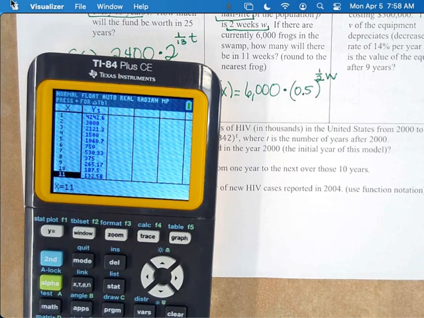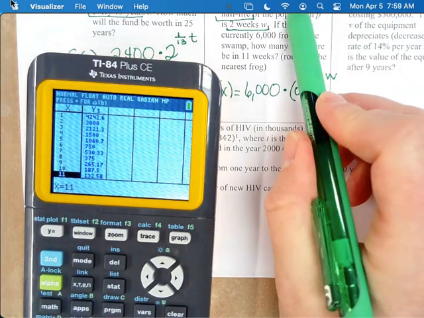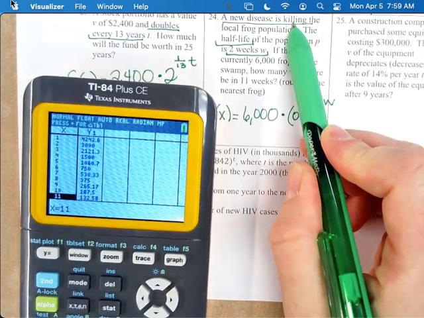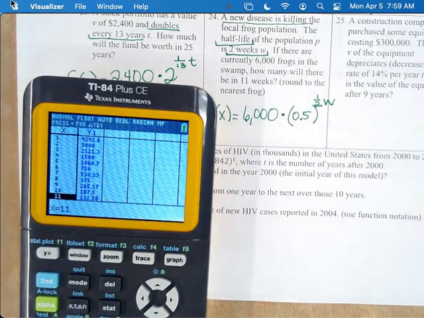So if you get an amount that goes up, increases, because this says it's killing the population, if you get something that's larger than the initial, that means you did it wrong. But since we got something that is smaller, 132.5, it says round to the nearest frog.